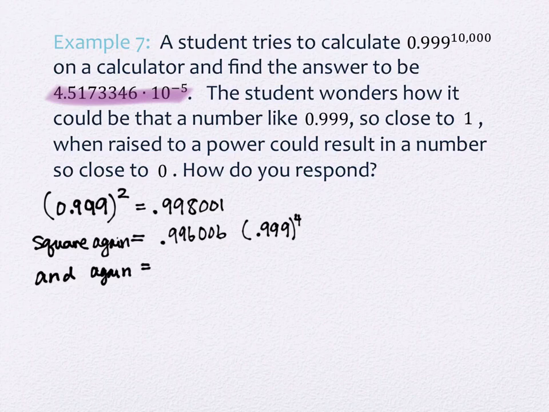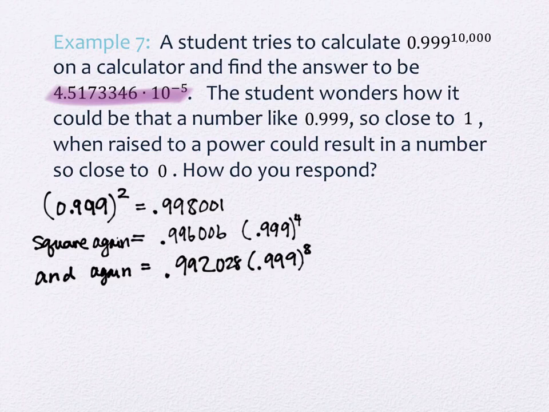So if I square it again, I get 0.992028. That is 0.999, and I take the 4, multiply it by 2, because I raised it to the power 2 again. That's 8. I now have an exponent of 8 on my number.